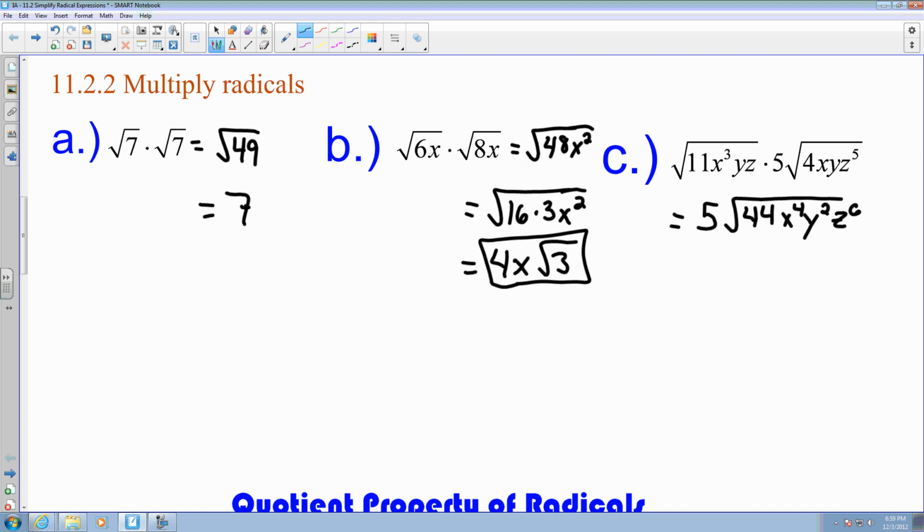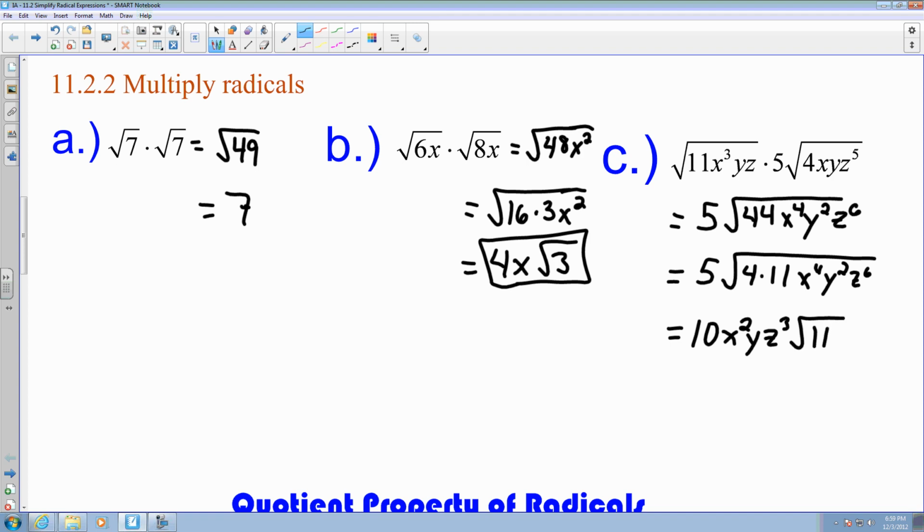I can then rewrite this as 5 times the square root of 4 times 11, times x to the 4th, y squared, z to the 6th. The square root of 4 is 2, times 5 is 10. Then I can write x squared, y, z to the 3rd, times the square root of 11. And that's the simplified expression here.